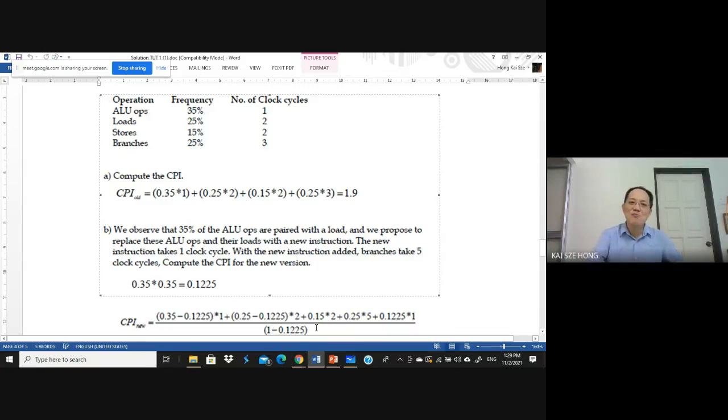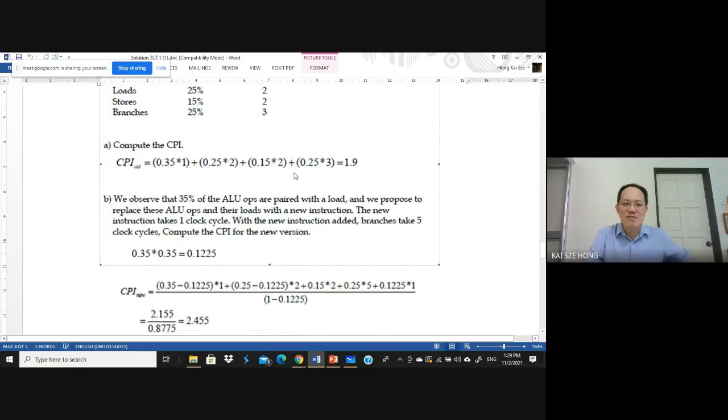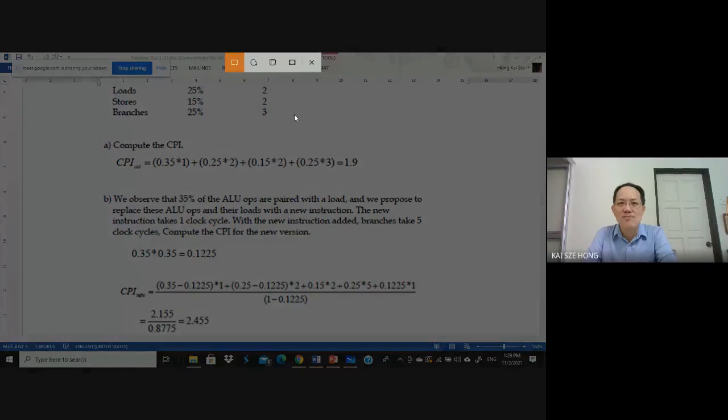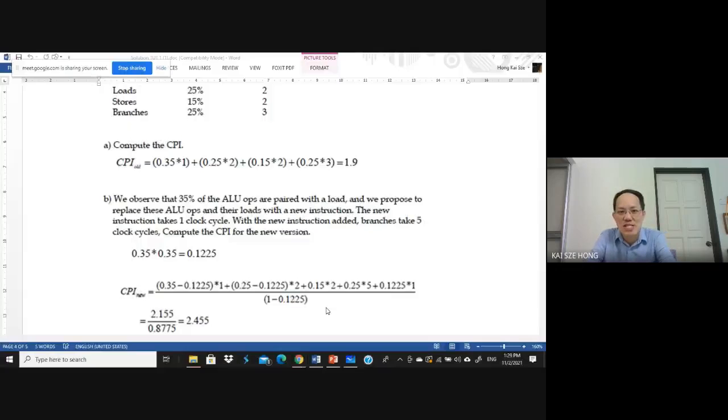Some might ask why we have this number lower. Anyone can tell me why we have 1 minus 0.1225? Because the number of instructions has been reduced.